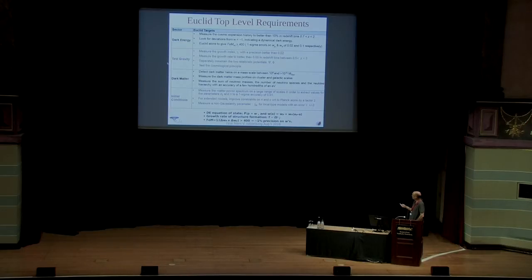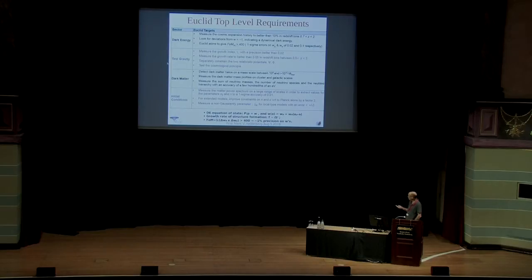So dark energy clearly is the main one, and what Euclid will do essentially is to determine whether the equation of state of dark energy is constant and equal to -1, or if there are deviations from this equation of state, and in particular if there are variations with redshift.